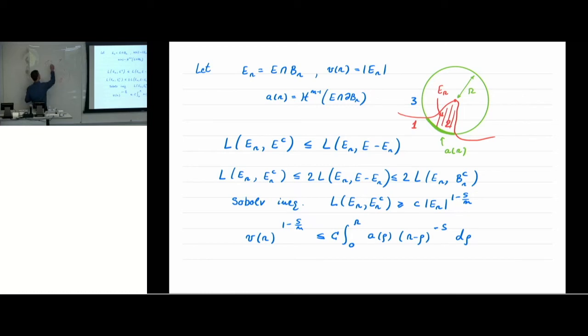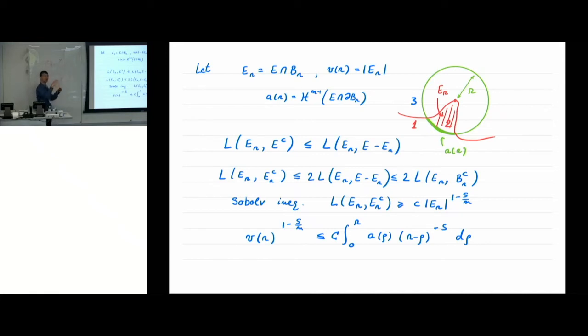Because if you fix a point x and take a ball of radius 2 around it, half of the ball will have some y's in the complement. So that is an interaction of size 1. If I look at all the x and y's at distance 1 or 2 from each other and integrate, for sure I get something positive. And if I rescale this statement, if I have something of measure 1, the perimeter is bounded below.